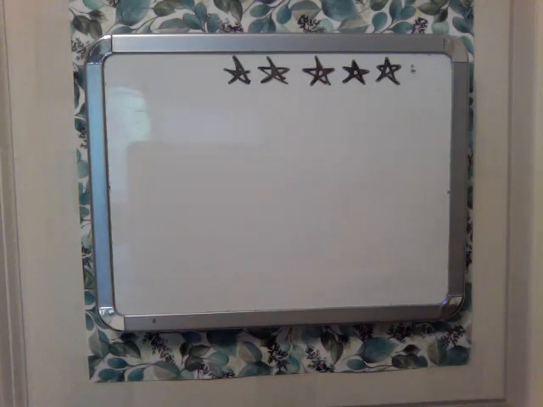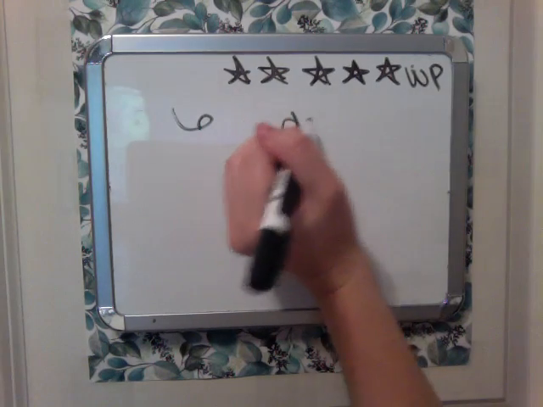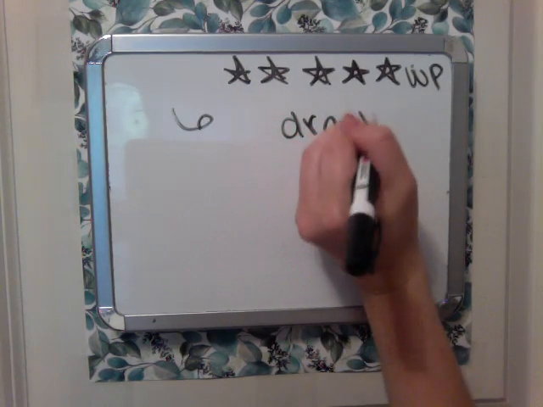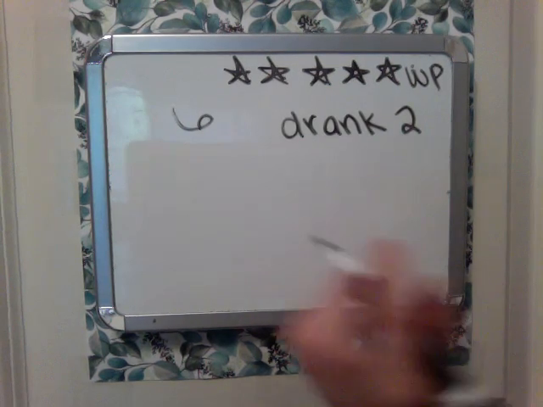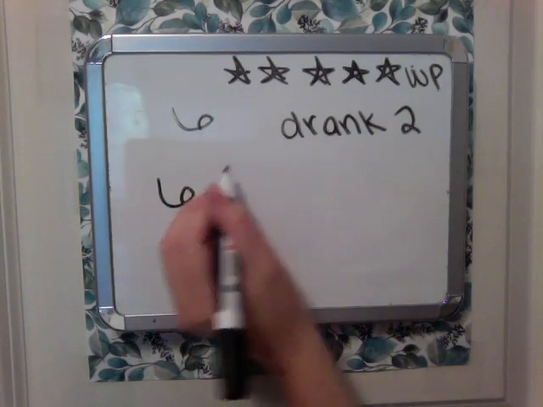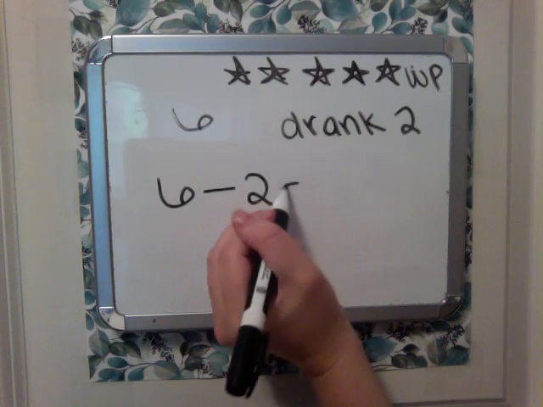Our last problem today is our word problem, and it says Katie had 6 bottles. She drank 2. How many bottles were left over? So if we start with 6, she drank them, means she got rid of them. So we have to subtract 2 of them.